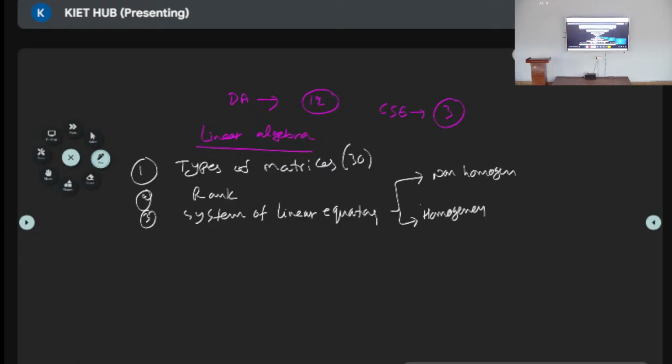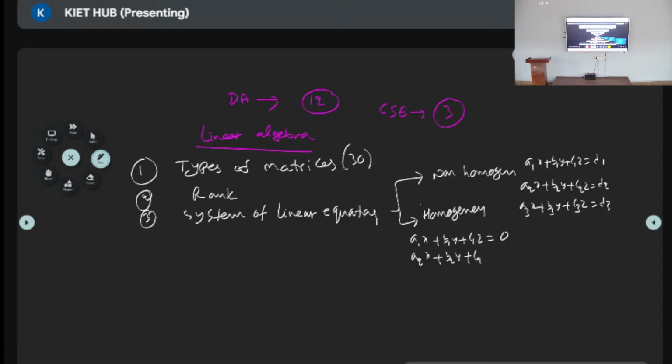What is the form of the non-homogeneous equations? a1x plus b1y plus c1z equal to d1, a2x plus b2y plus c2z equal to d2, a3x plus b3y plus c3z equal to d3. What are the homogeneous equations here? a1x plus b1y plus c1z equal to 0, a2x plus b2y plus c2z equal to 0, a3x plus b3y plus c3z equal to 0.